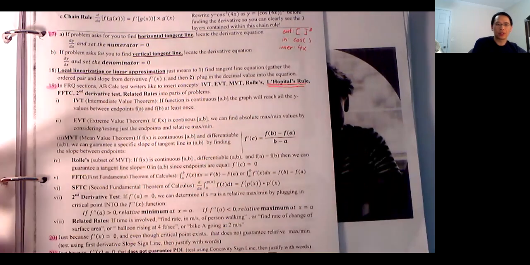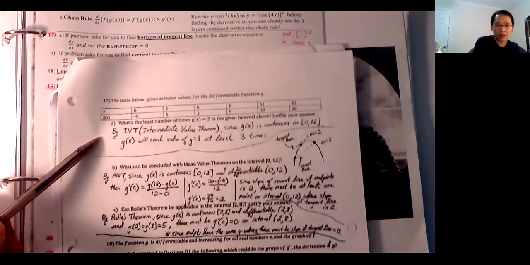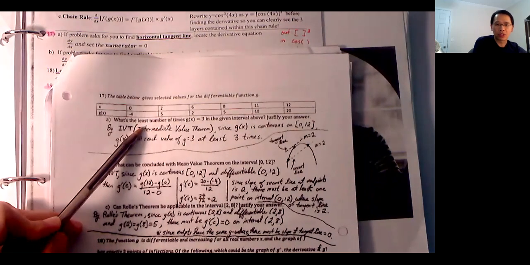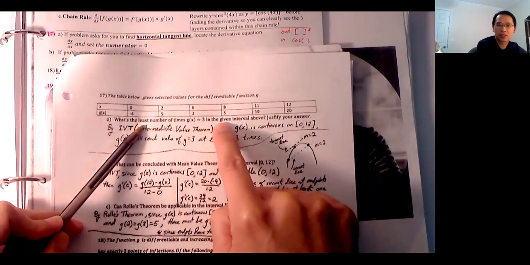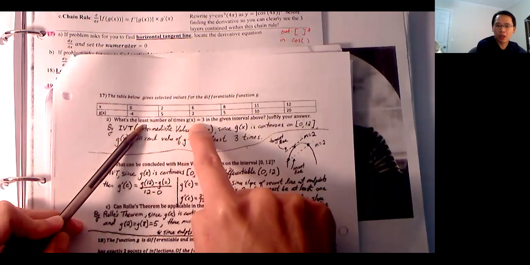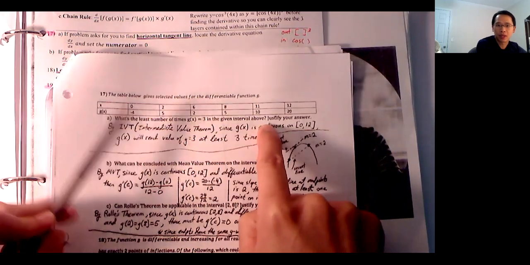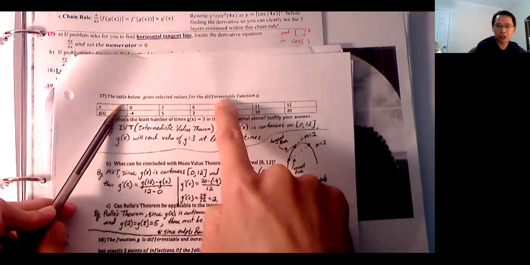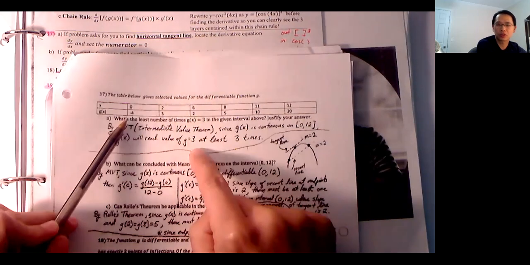Okay, so here's an example of IVT. This is off of the addendum sheet. It says, what's the least number of times that a y value can be equal to 3 in the given interval? So it's been established that this function is differentiable, and if it's differentiable, you know it's continuous as well.